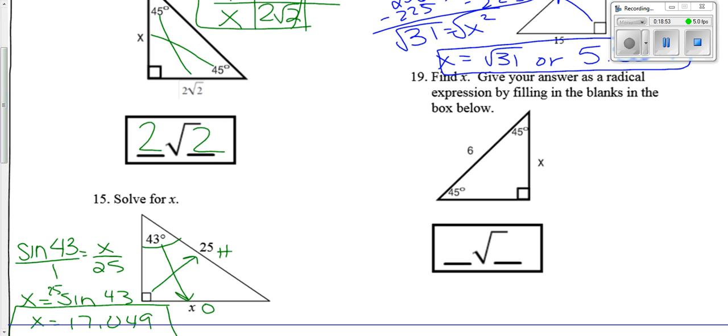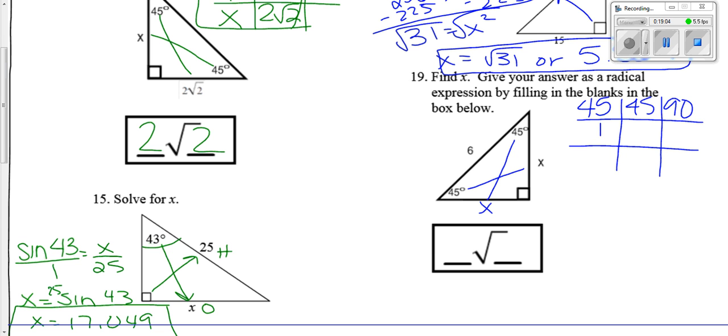Number 9, we have a 45, 45, 90. So this one's x. So I put it into my tic-tac-toe board. Across from my 45s are x's. Across from the 90 is my 6. So 1 over x equals root 2 over 6.